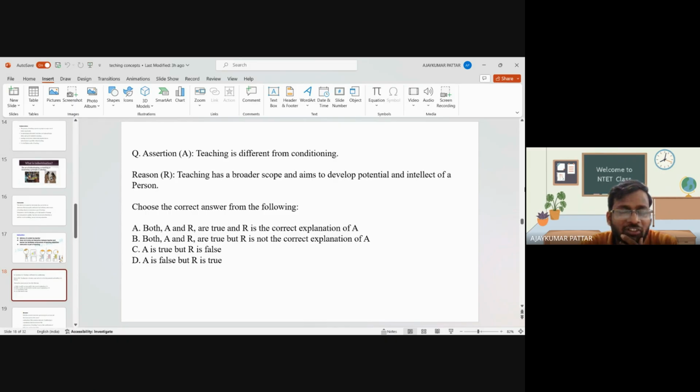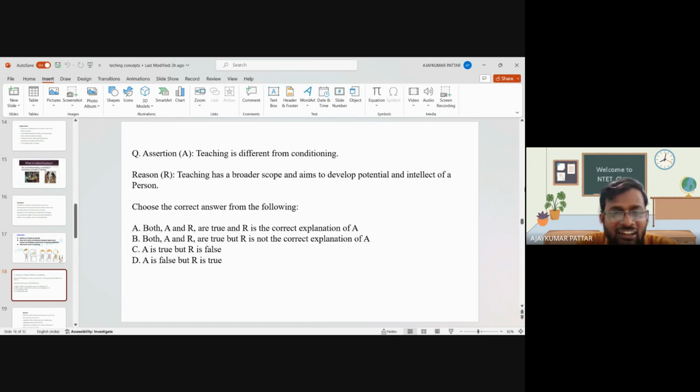These types of questions we call assertion and reasoning type of questions. They will give one statement first, and then a second statement, and they will ask whether the second statement is the reason for the first statement or not. Did you understand assertion and reason questions?